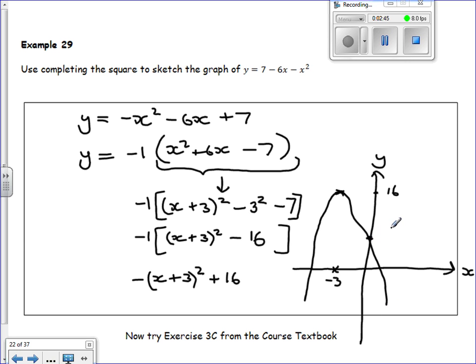Not very well drawn. And we also know it crosses the y-axis at 7, so we know the y-intercept is 7. So if we look at the original question, if we were to sub in x equal to 0 to work out where it crosses the y-axis, it would leave us with 7.